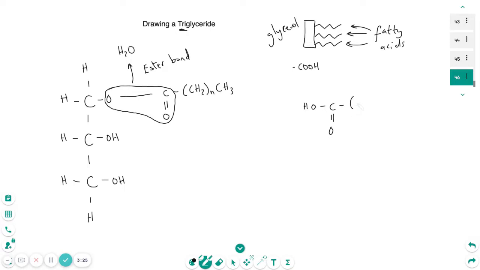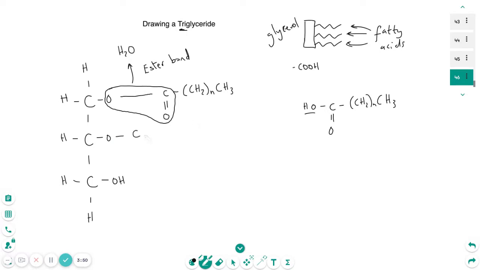This CH2 n and CH3 is representing the actual length of the tail. Again, this part here is going to be interacting with this here. So get rid of that, and now we can draw another one.